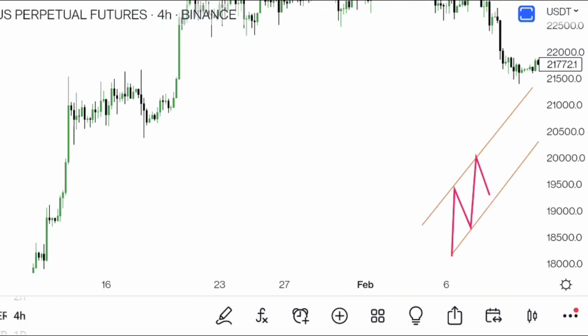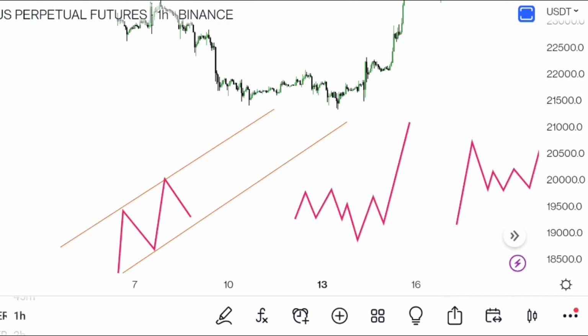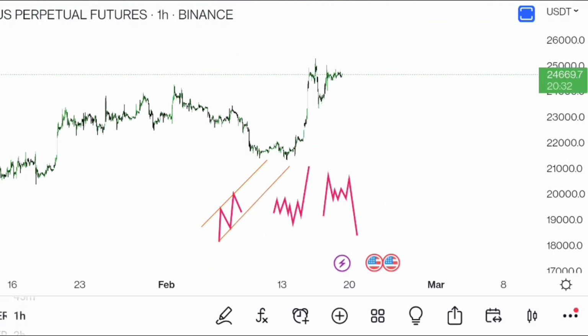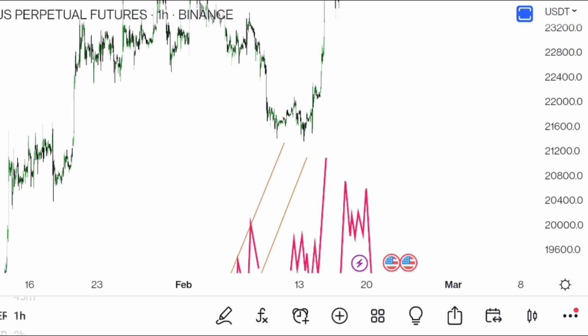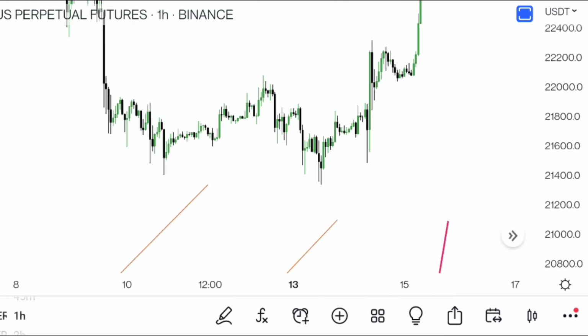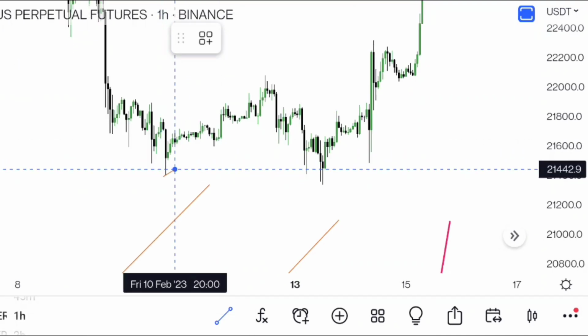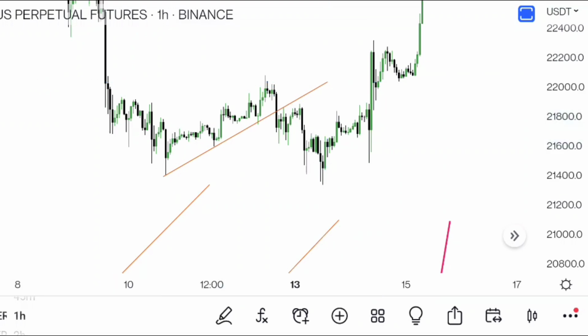Let me show you an example here. I will shift to 1 hour. Okay, here you see this is a trend line, okay?